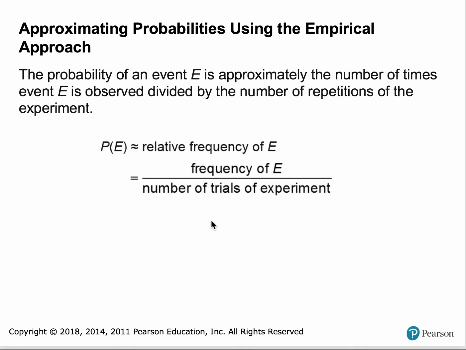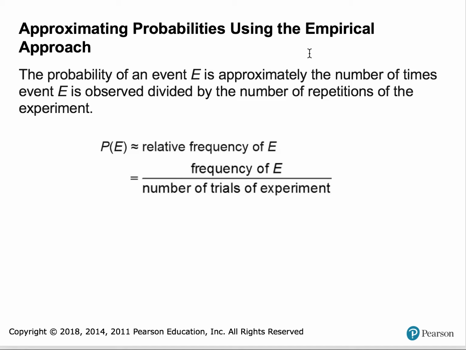Okay, we're going to begin our discussion of determining probabilities using the idea of relative frequency, something we've already talked about. Probabilities computed in this manner rely on evidence based on the outcomes of an experiment. So they're called empirical probabilities, or also experimental.